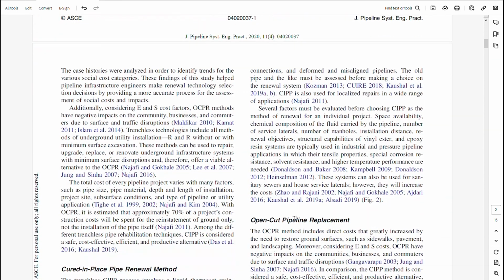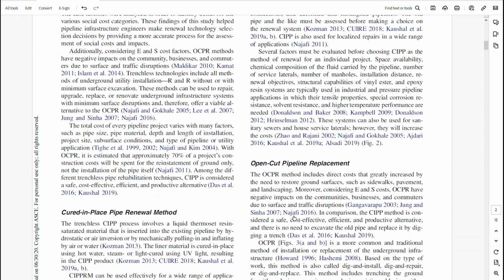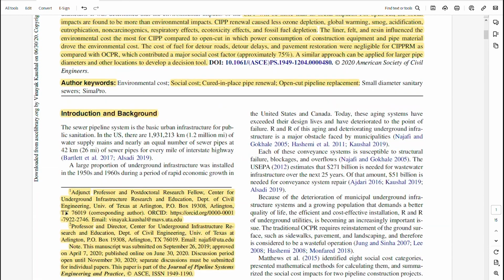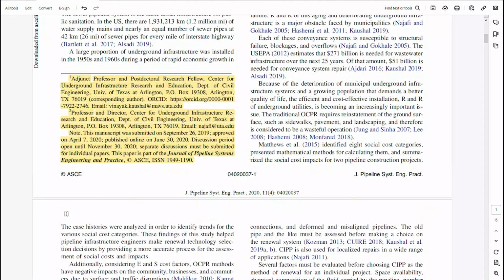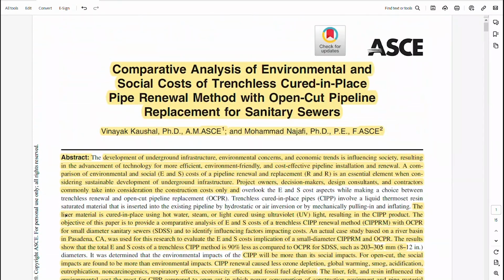Then you start talking categorically about the topic and subtopic. So you could divide the section into subsections this way. Here, the topic is related to, for example, open cut pipeline and also cured in place pipe.